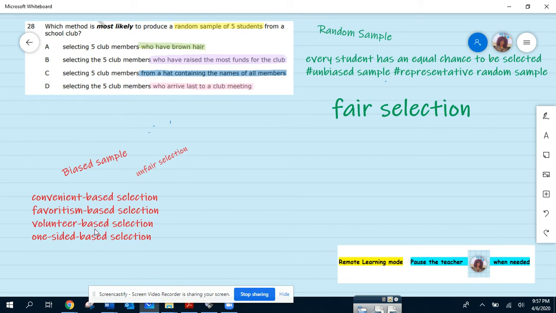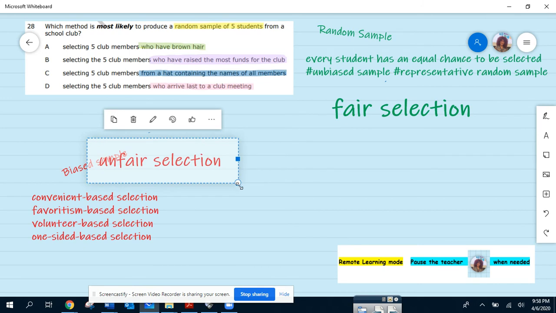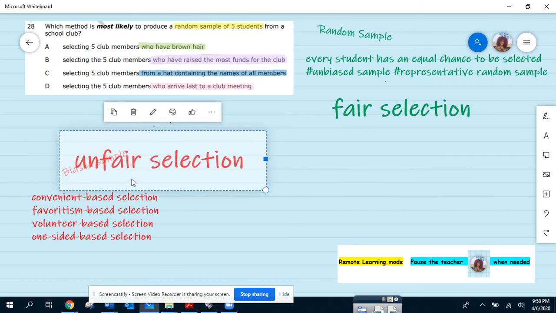But this is also biased because not everyone volunteers in real life. Or again, one-sided selection, a selection that favors one side or another. So these biased samples are based on unfair selection.